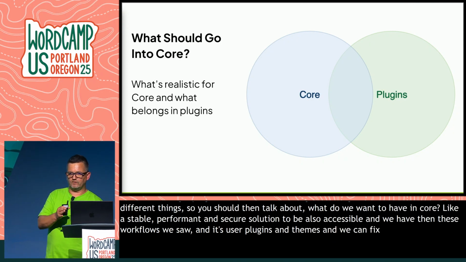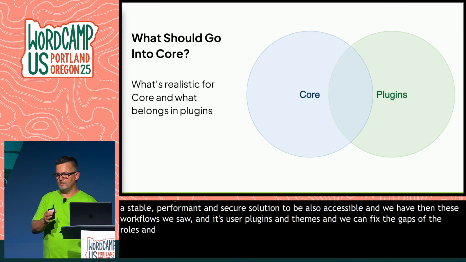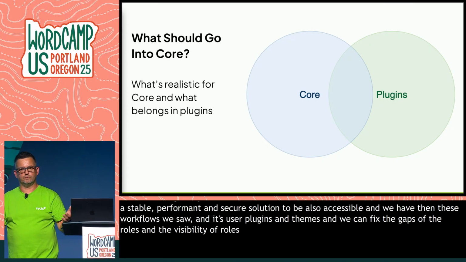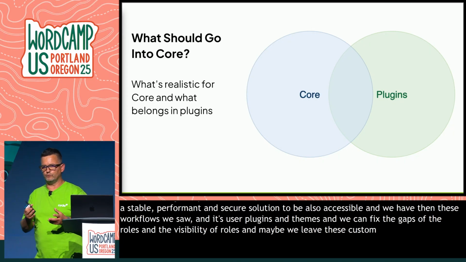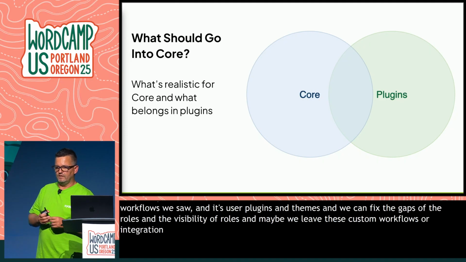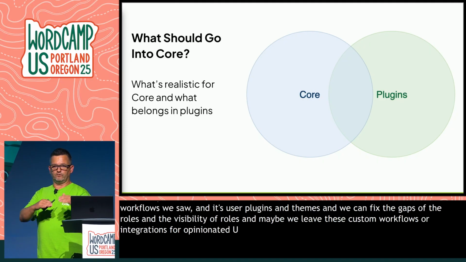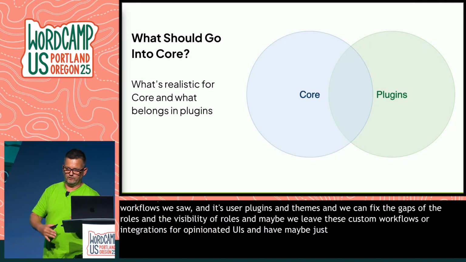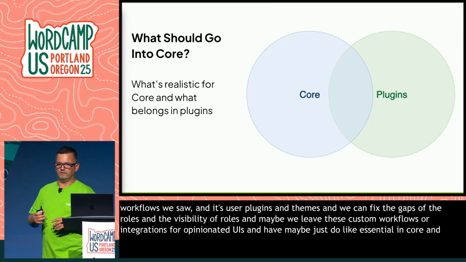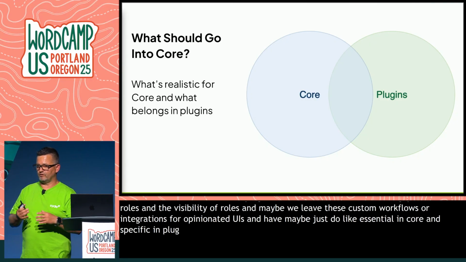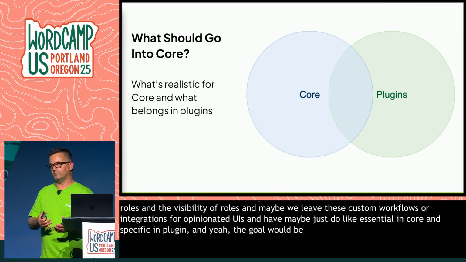And maybe in plugins, we leave these custom workflows or integrations for opinionated UIs, and have maybe just a rule like essential in core and specific in plugin. And the goal would be having something really lean, but being open for flexible plugins.